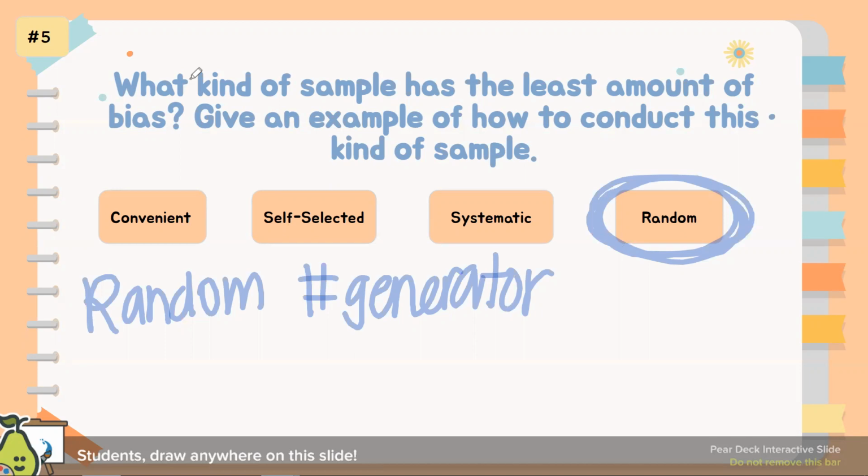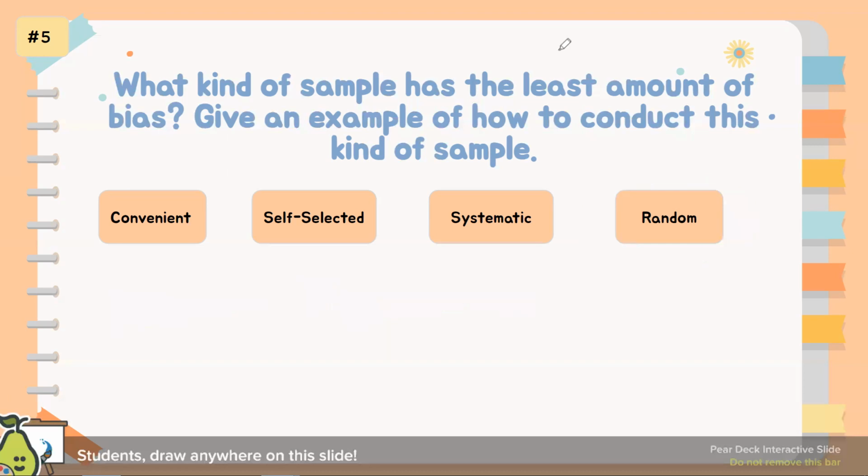Also, if we had a small population that we're trying to survey, we could go real old school and write it down on a piece of paper, fold it and put it inside of a hat, and then randomly pull pieces of paper out of the hat, right? But as long as we're selecting things such that they have the same likelihood, that would be a random sample, and random samples have the least amount of bias.